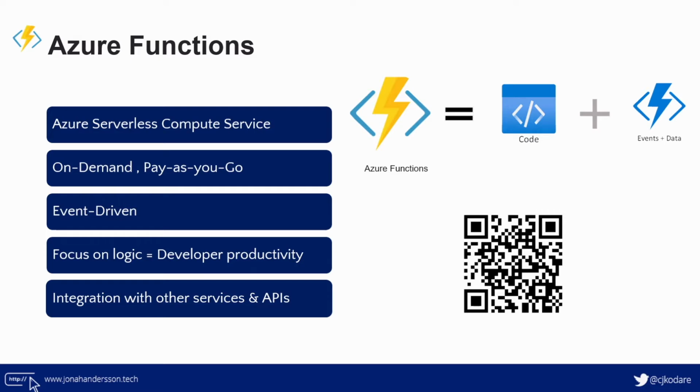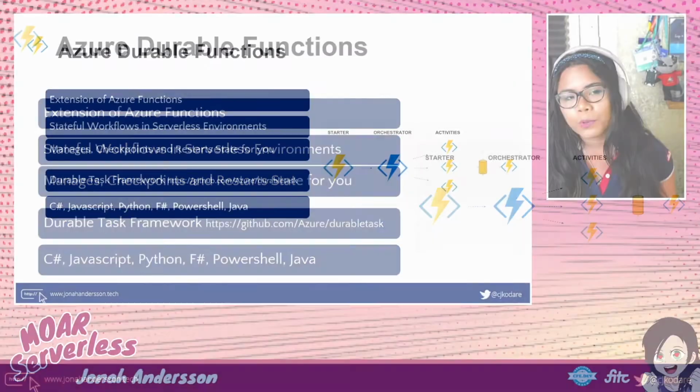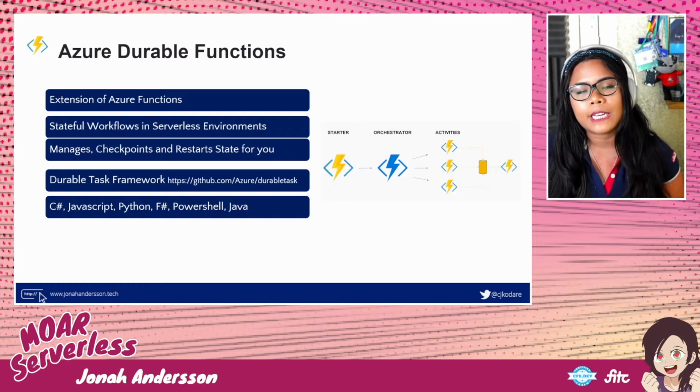Basically, it's your code, your logic, and then you have the events, which might be a trigger like an HTTP trigger, or a trigger that was generated because you uploaded an image to a blob storage in the cloud, and of course the data that you're going to pass in through that logic. And the next one, which is the highlight of today's session, is durable functions.